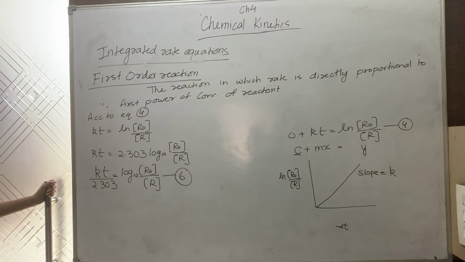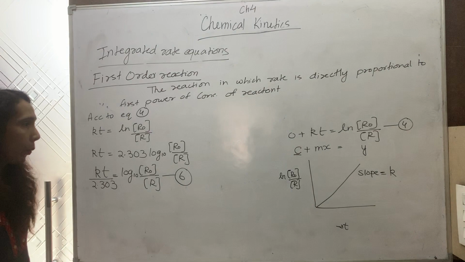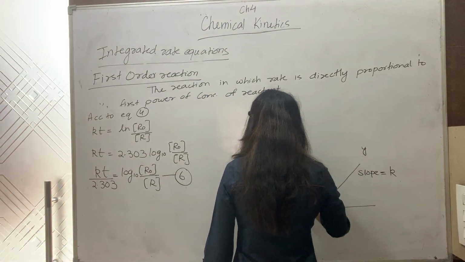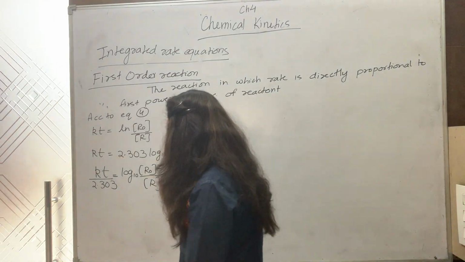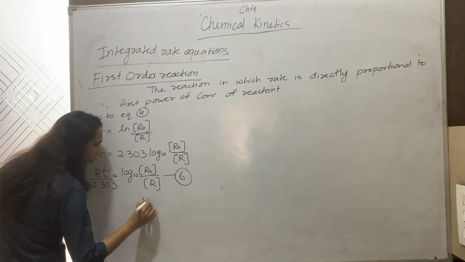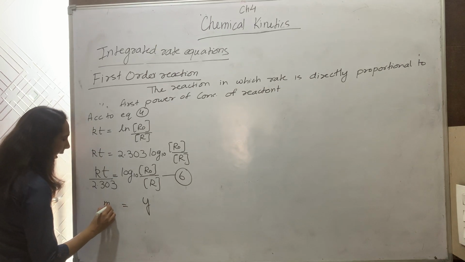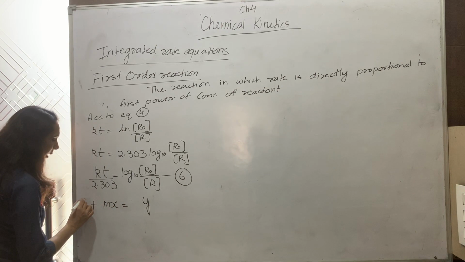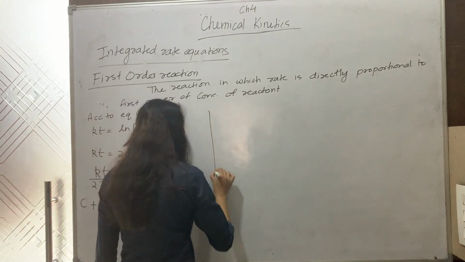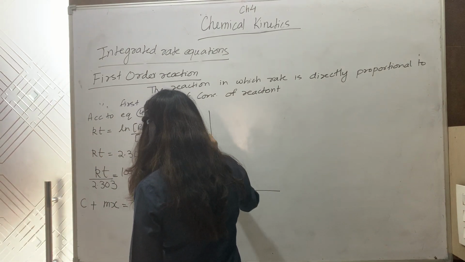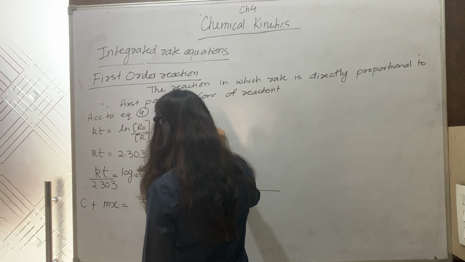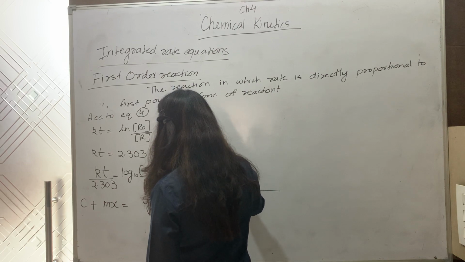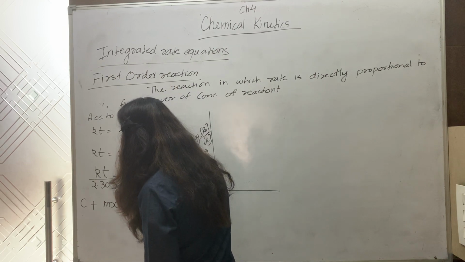Now I am making a graph according to equation number 6. You can see that it also resembles a straight line equation, y is equal to mx plus c. So on the y-axis, I will plot log to the base 10 R naught upon R. This is your y.